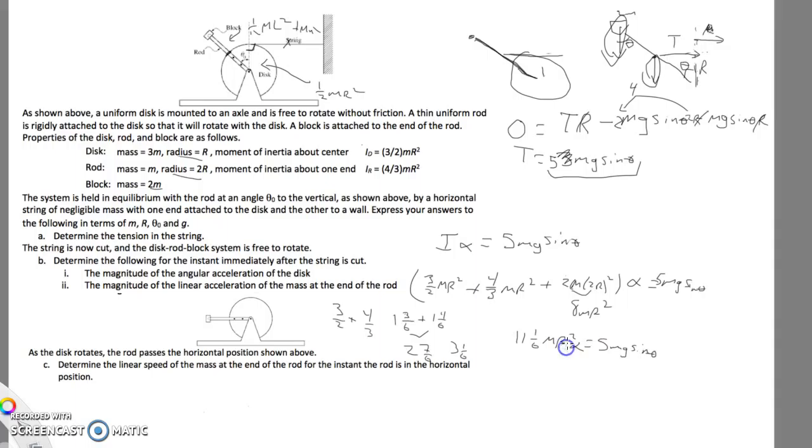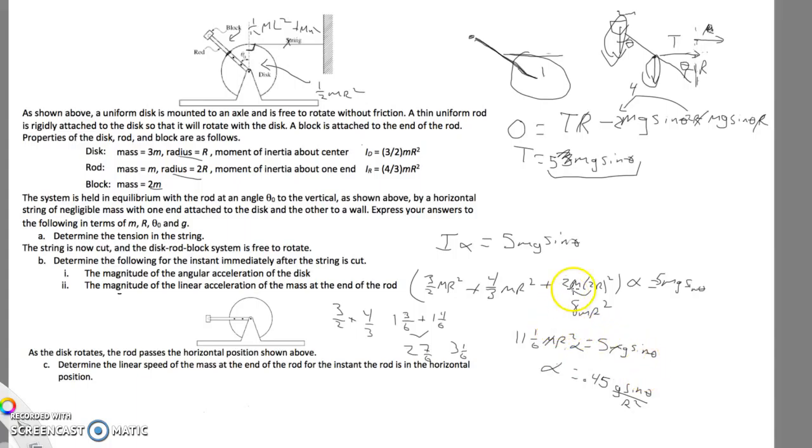Okay, and so now to solve for alpha, m is going to divide out. We'll just do some quick calculations here. So if I divide all this stuff over, I get that alpha equals 0.45 g sine theta over r squared. Okay, that is alpha. And from here, oh, you know what? I made a mistake.